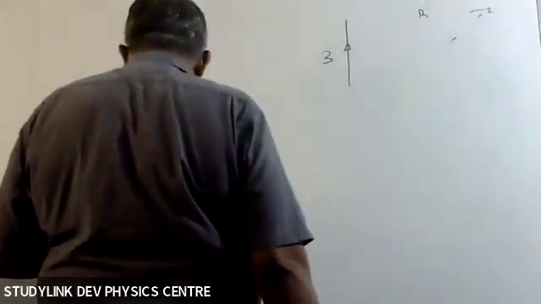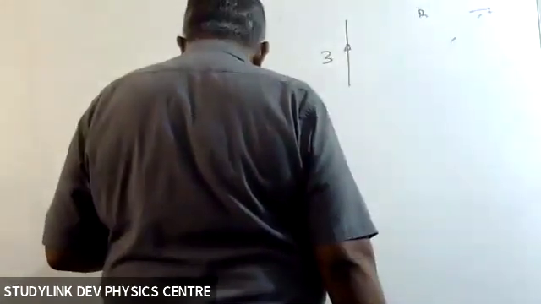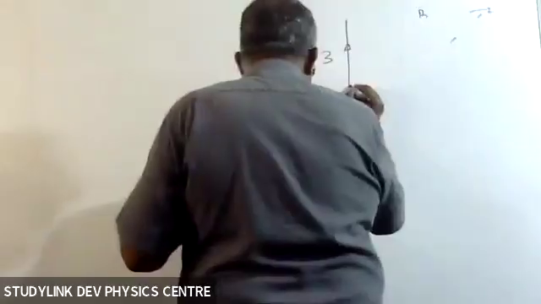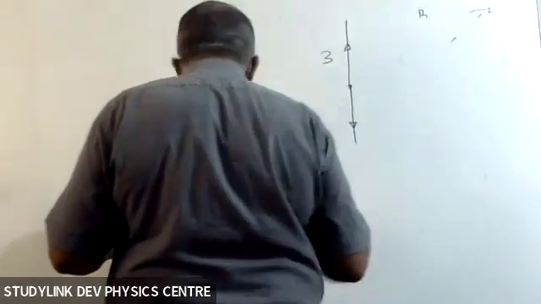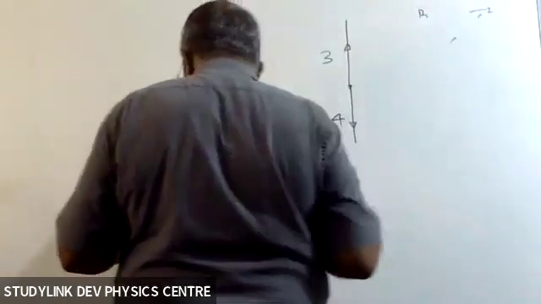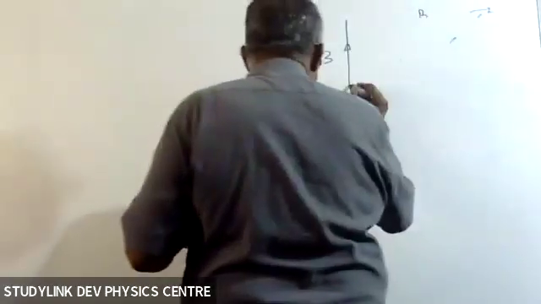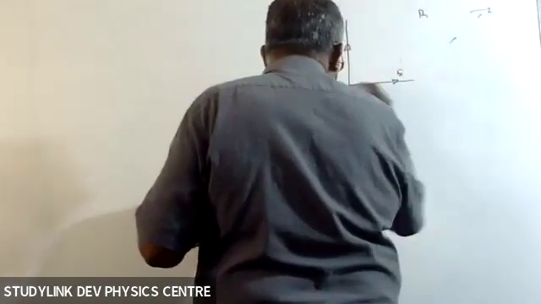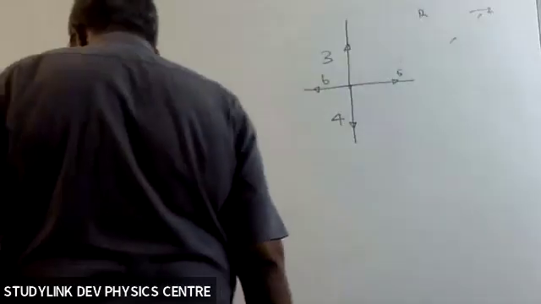Then downwards, that means for the south, the value is 4. Then towards east 5 and west 6. Those we have to add.